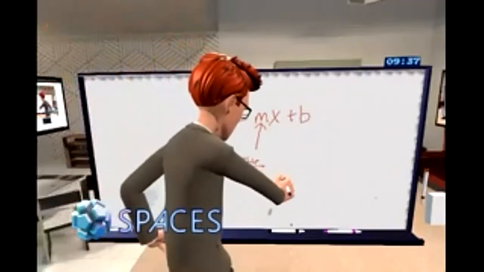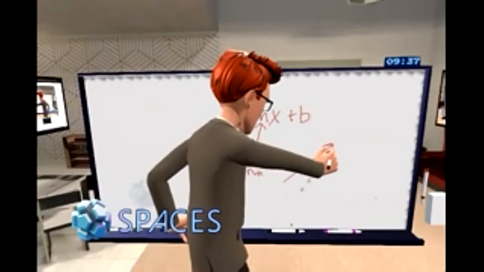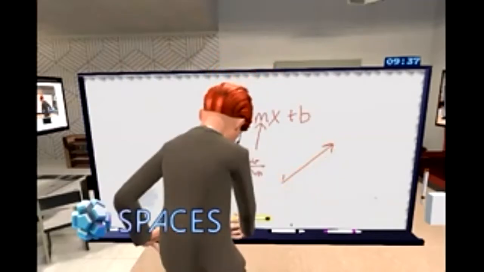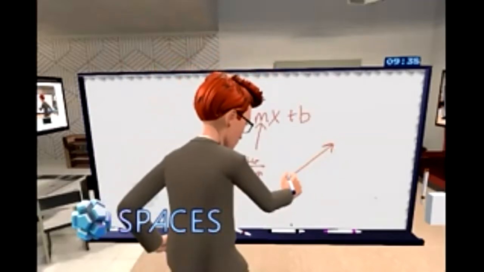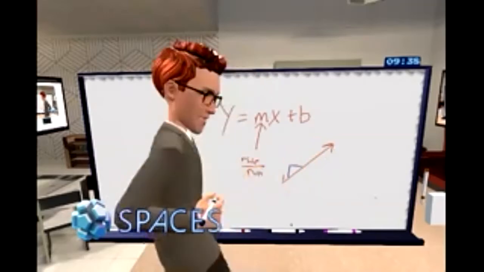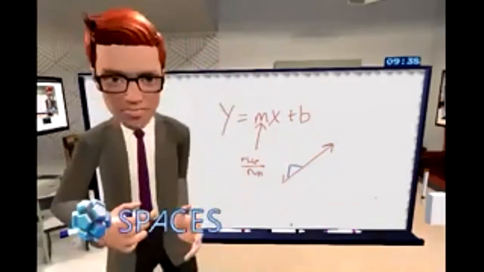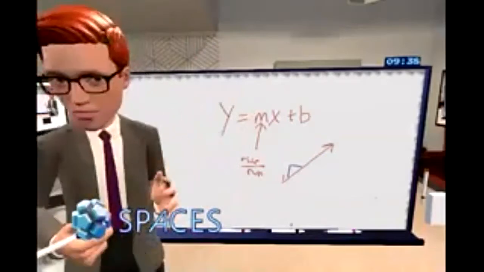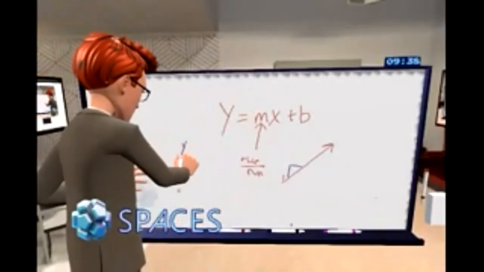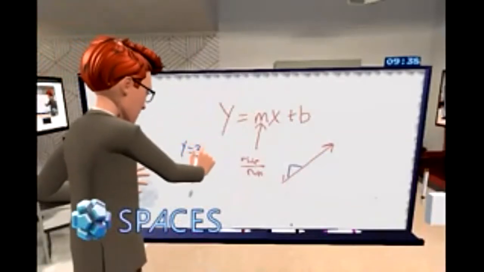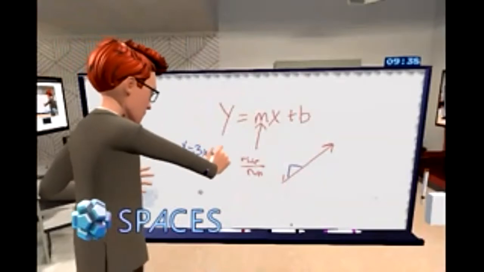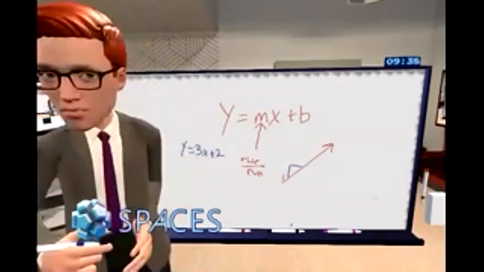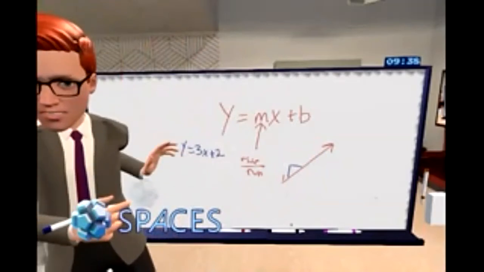If we're looking at a line, how much does it go up, the rise, and then how much does it run? And that's our slope. An example of a linear function might be y equals 3x plus 2, where the slope is 3.